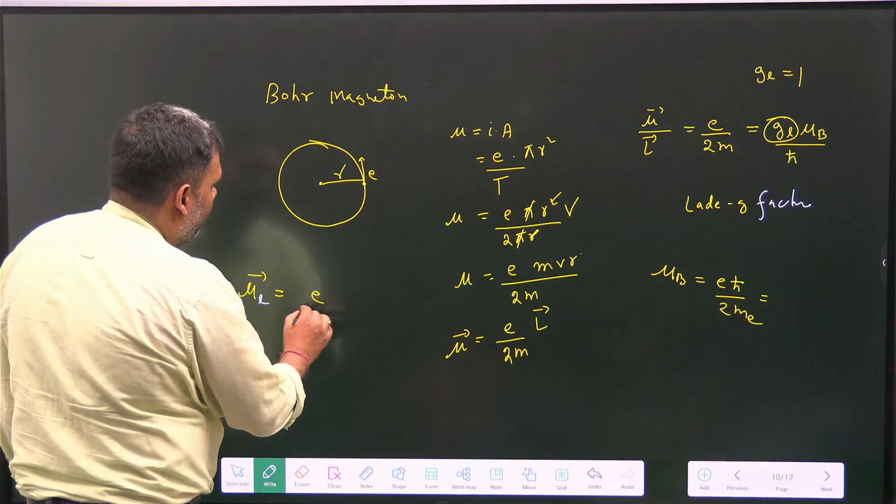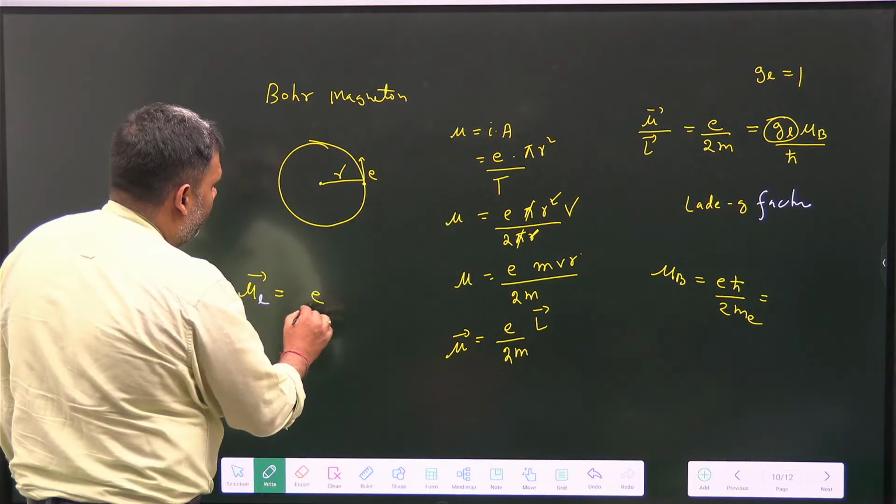So what we have is the magnetic moment due to orbital motion equal to negative Landé factor GL, and you have the Bohr magneton mu b, L upon h cut.